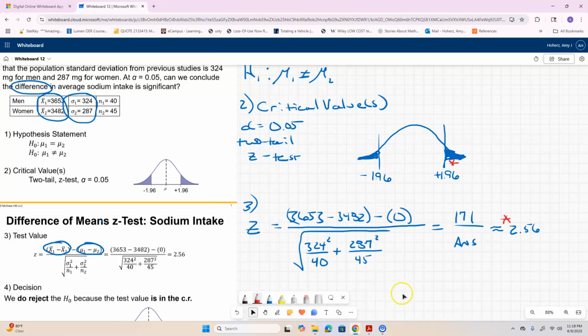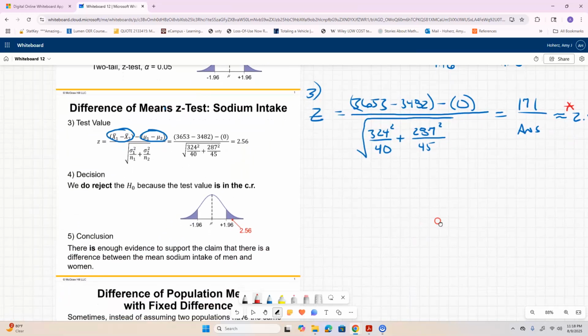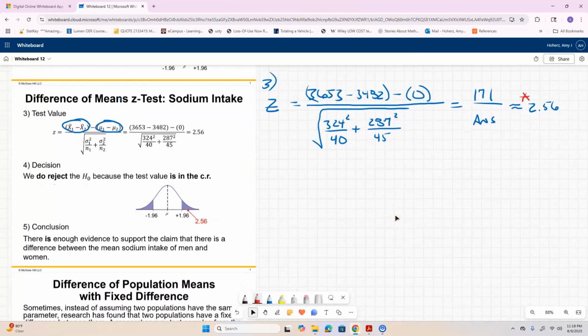And so, because we're in the critical region, we're in the rejection region, we are going to reject the null hypothesis because the test value is in the critical region and there is enough evidence to support the claim that there's a difference between the mean sodium intake of men and the mean sodium intake of women.